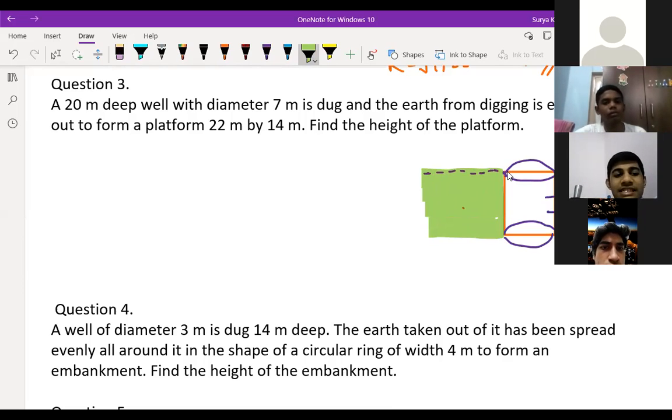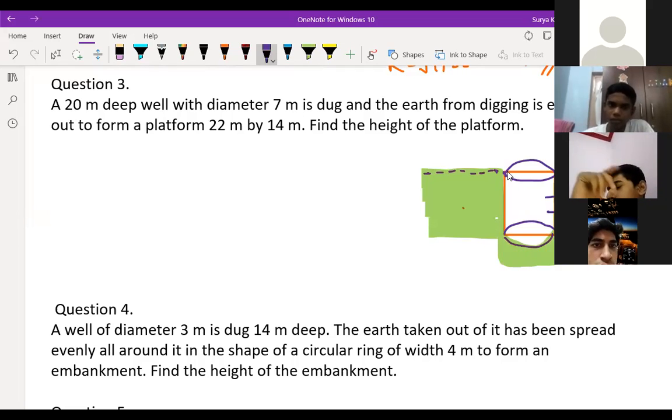Now this cylinder part, that land part you are taking out from inside, and you are spreading it on the top. You are making one cuboid, one platform. Understood, children?